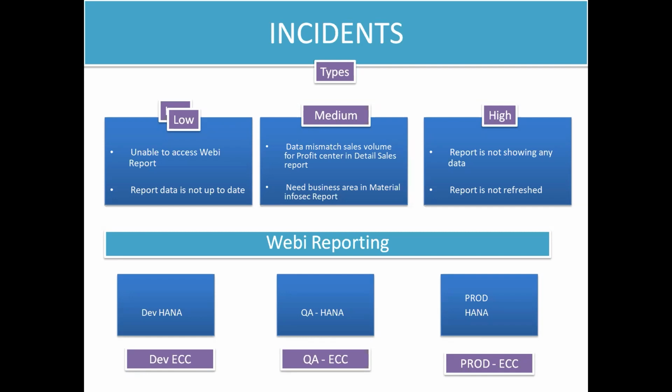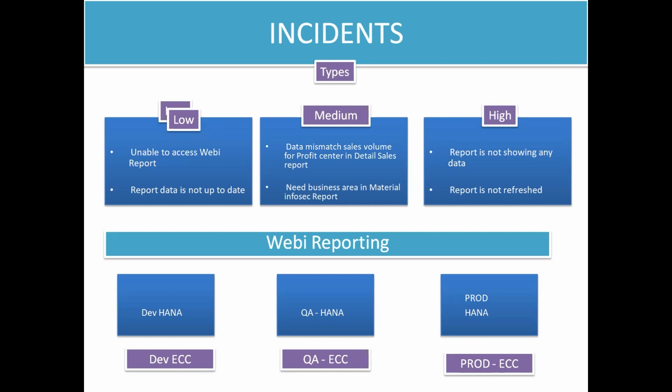Then the next question is we have to check with the functional team which table that is going to reflect. What is the SAP table? Then he will give the SAP table name. We have to check whether the SAP table has the same sales volume for the profit center that the user is expecting.